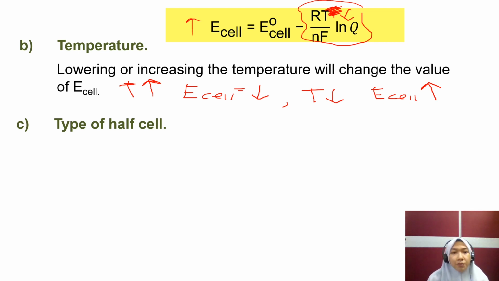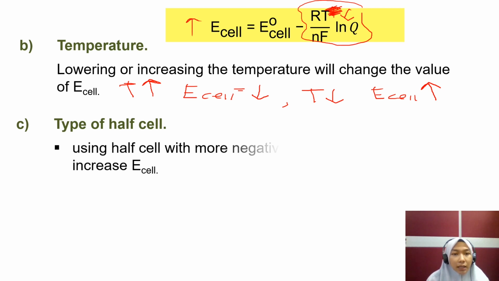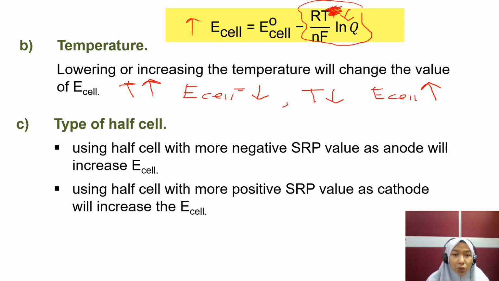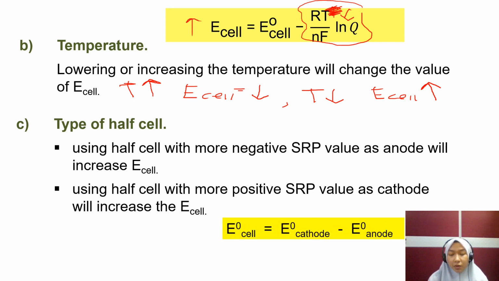So let's look at the third factor, which is the type of half cell. If you want to increase the E cell, we have to increase the E naught cell. From the formula from previous week 3.1, E naught cell is equal to E naught cathode minus E naught anode.